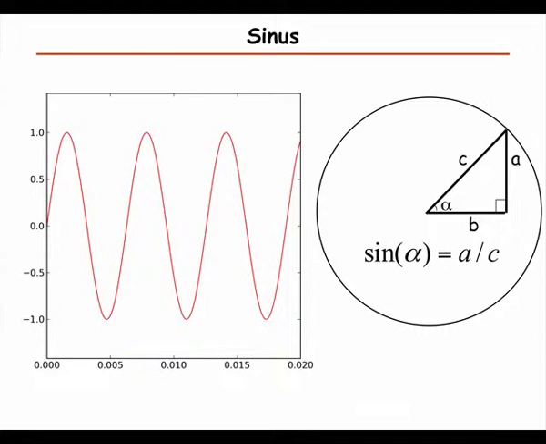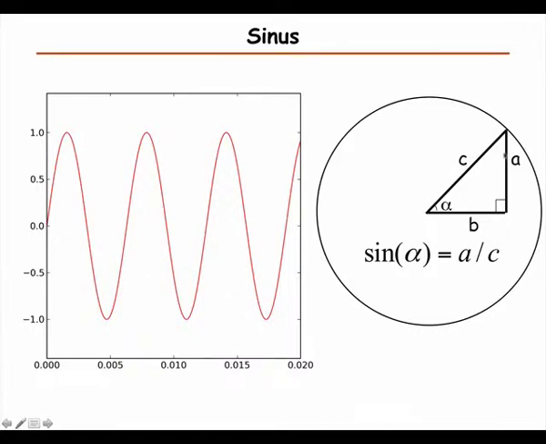Here, the prototypical signal would be a sine wave. One way of getting it is that we have a circle with a radius, and we rotate this radius, and the sine of the angle is A divided by C here.